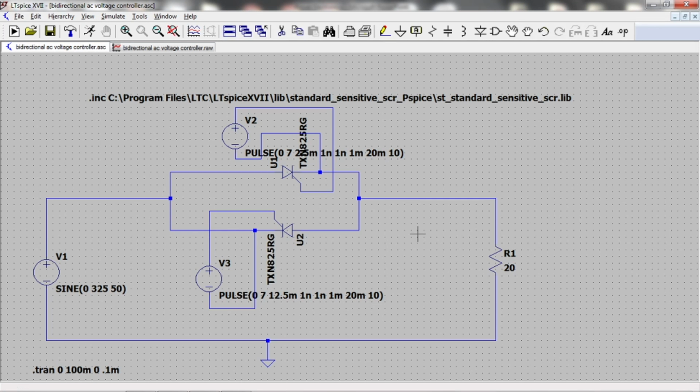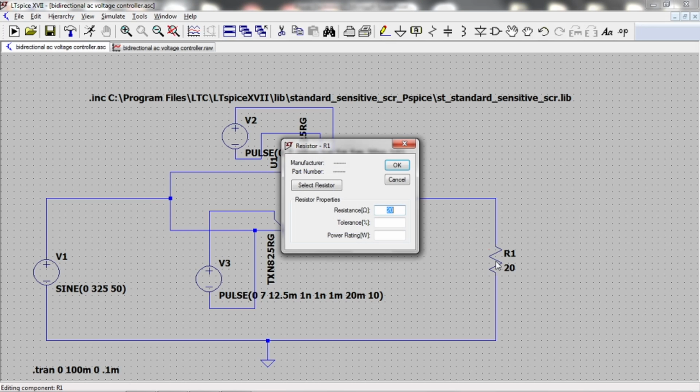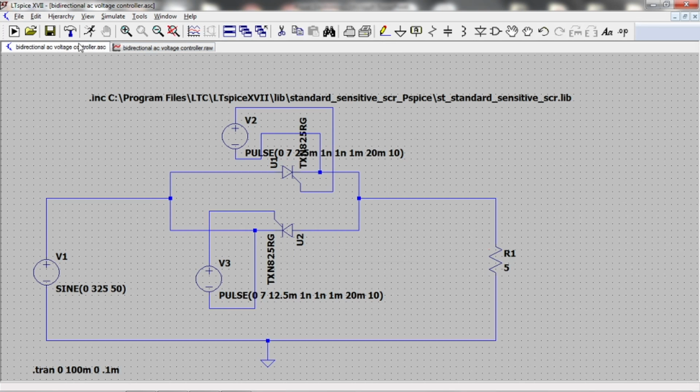So if I increase the resistance value, you can see I will put some 5 amps, reduce it.